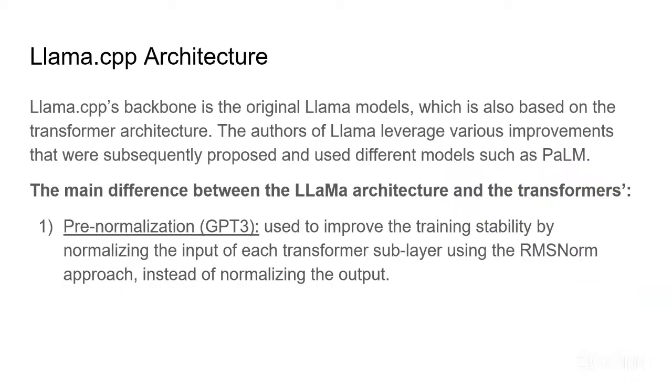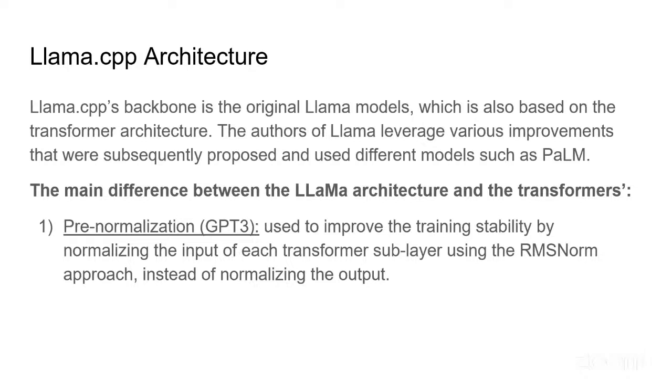Then there is the llama.cpp architecture. Llama.cpp's backbone is the original Llama model, which is also based on a transformer architecture. The authors of Llama leveraged various improvements that were subsequently proposed and used in different models such as PaLM. We have gone through the PaLM model, which is a foundation model.